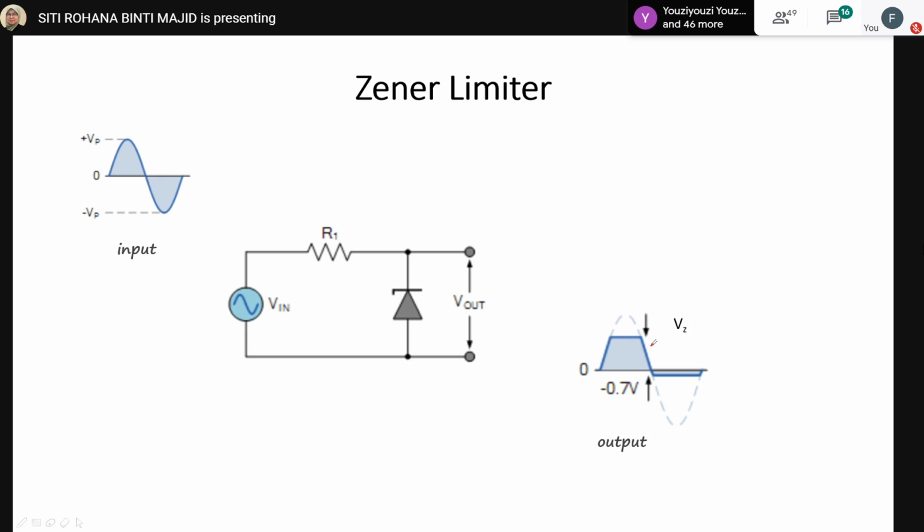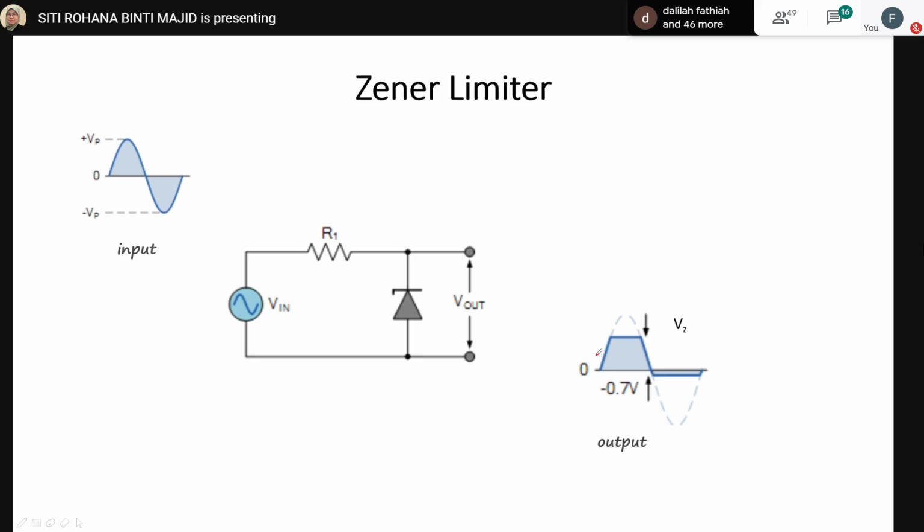Let's say we wanted to clip the output waveform at 6 volt, for example. We can use a Zener diode here with a rating of 6 volt.